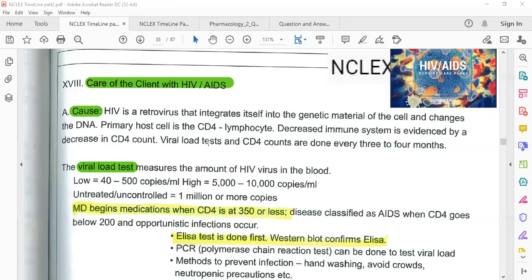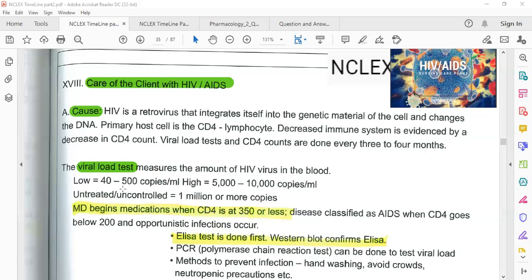The viral load test and CD4 count are done every 3 to 4 months. When a patient presents with symptoms of HIV, at the beginning it is flu-like symptoms, weakness, night sweats, headache, or weight loss. The patient may even develop a skin rash. How do we diagnose the patient?